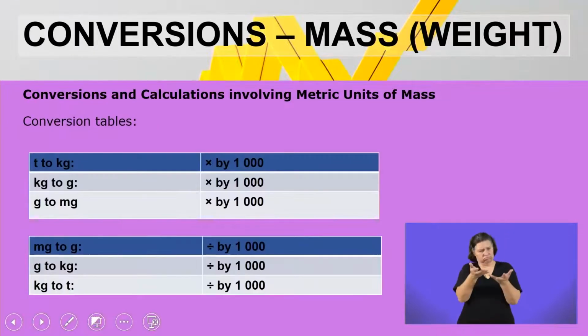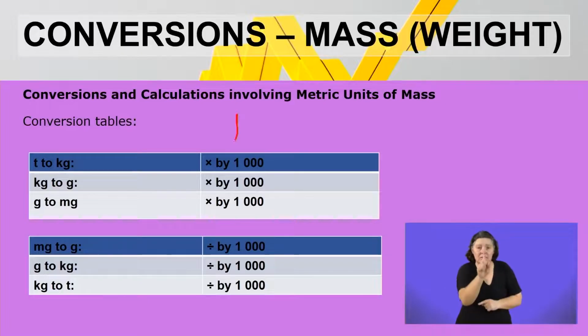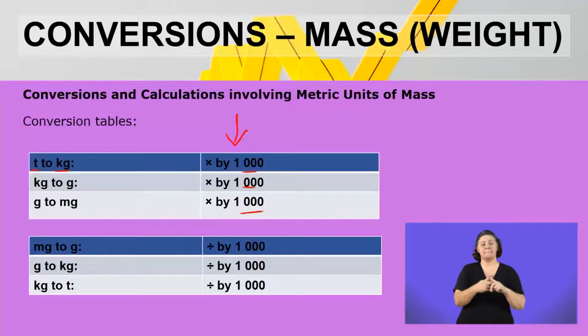Now moving on, here, same thing, but what happens this time around? I want you to note here, what is our conversion factor each time? Right? So in terms of mass and weight, what will I always refer to? 1,000. Right? So again, big to small, I will multiply, and then small to big, I will divide.